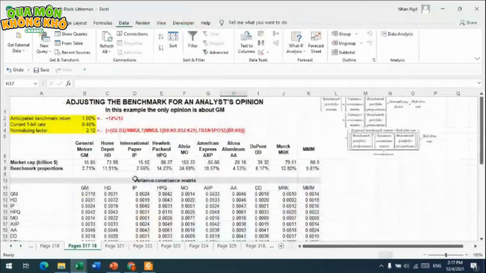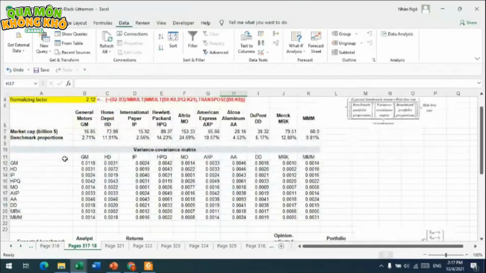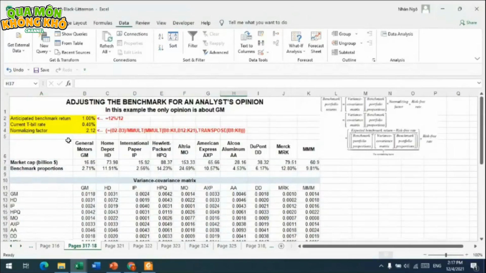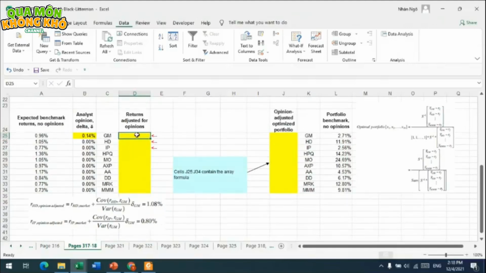This page is about only one opinion about GM. So we will use the previous data on page 316, the normalizing factor and the expected market return with no opinions. We also calculated that before here. So now let's see how the opinion changes all the returns of this portfolio.